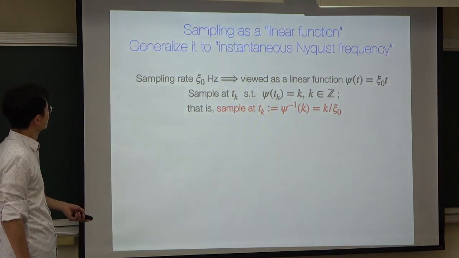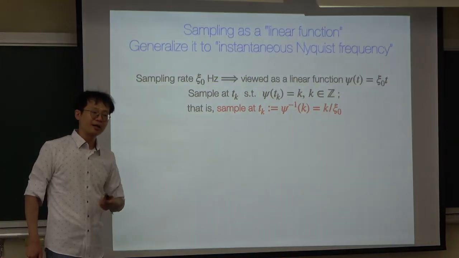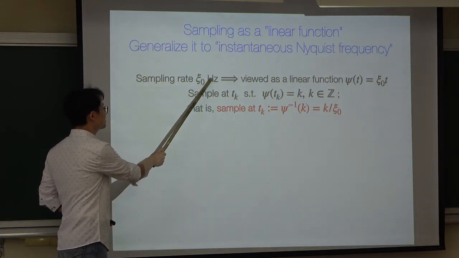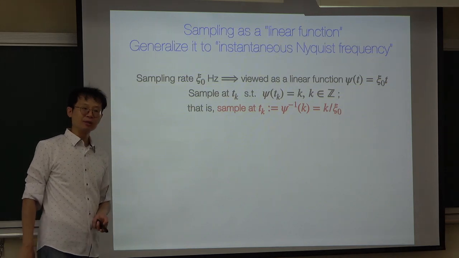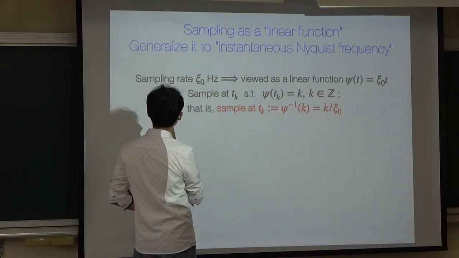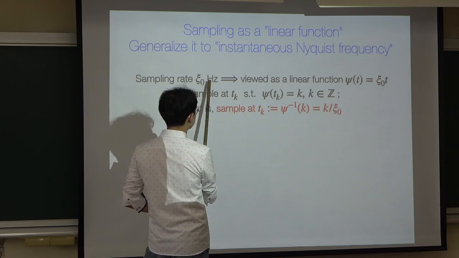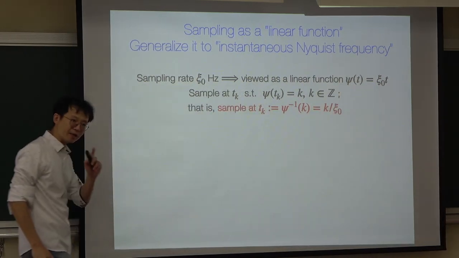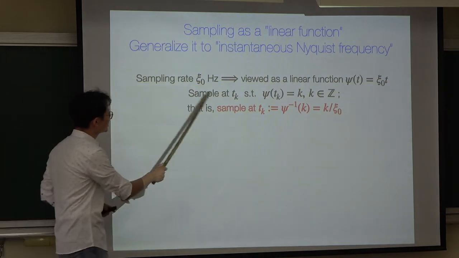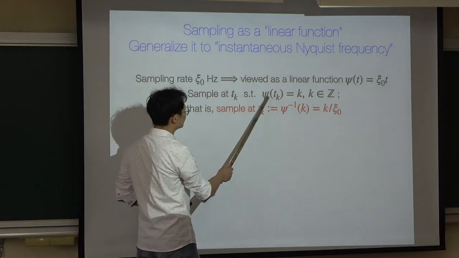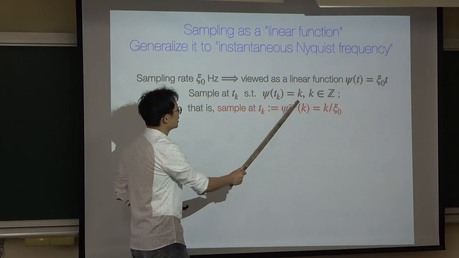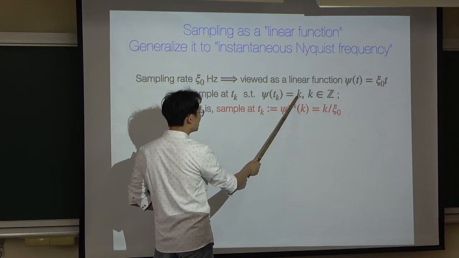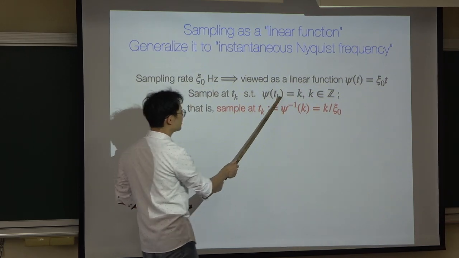What do we do? Let's make a very quick and simple observation. When we say the sampling rate is c0 Hertz, what does it mean? We can view the sampling rate c0 as a linear function psi(t) = c0 t. Then we sample at t_k such that psi(t_k) is k. That is, every time this linear function hits an integer, we collect one sampling point.